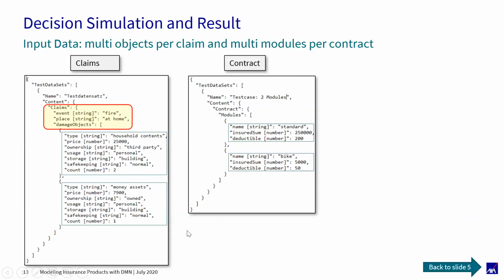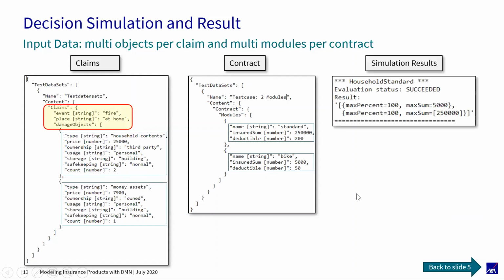And when we apply the input data to the decision, there is a result with two conclusions: a compensation for money assets up to the maximum of 5,000, which is the limit according to the terms and conditions, and a compensation for household contents up to the maximum of 250,000, which is the insured sum in the contract.